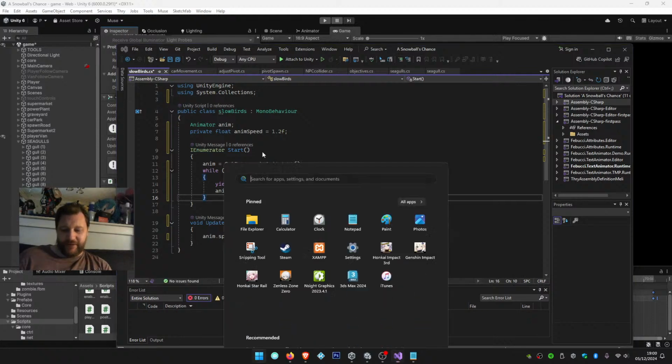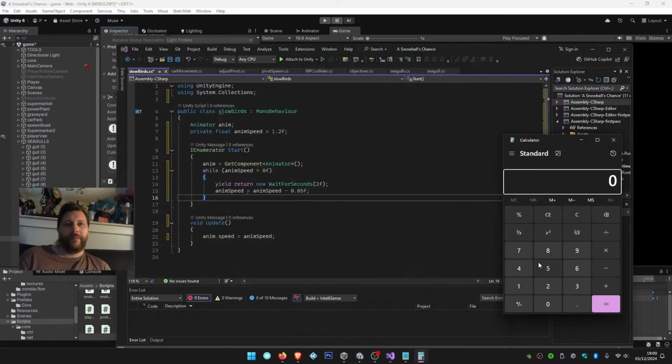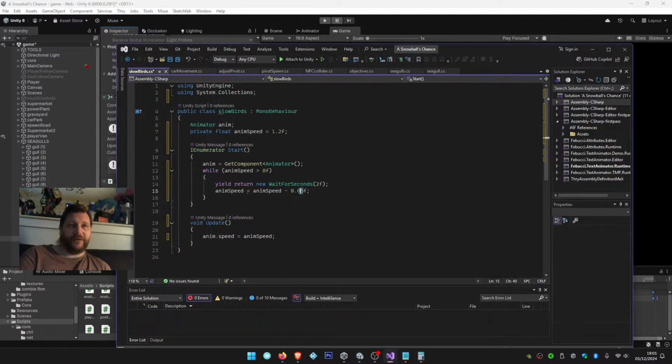Let me think about this. How long would that take to completely bring it to a stop? So we've got to go from every 4 seconds we'd be covering 0.1. So by 8 seconds we'd be down to 1. So it would only take 48 seconds. Yeah, I want it to take way longer than that. So we'll just do 0.01.